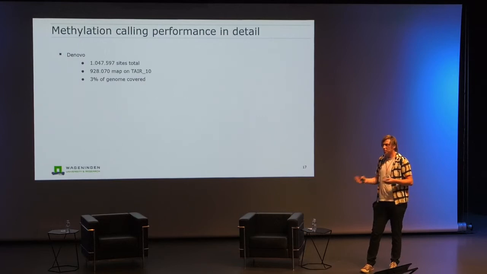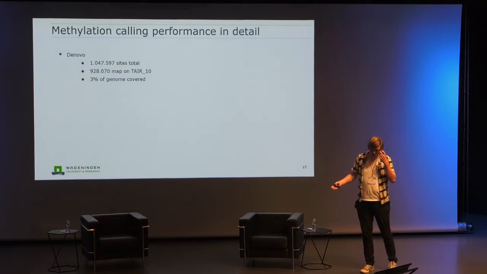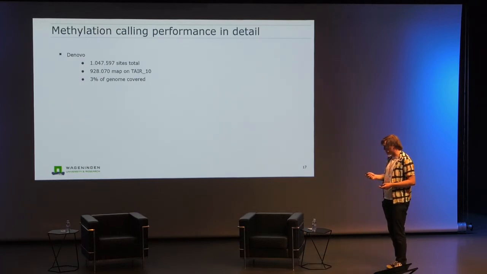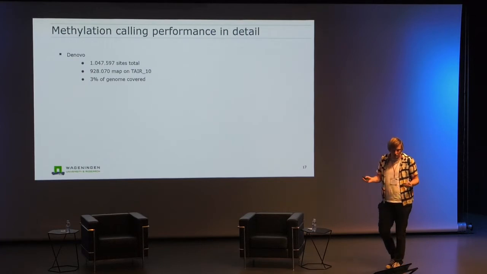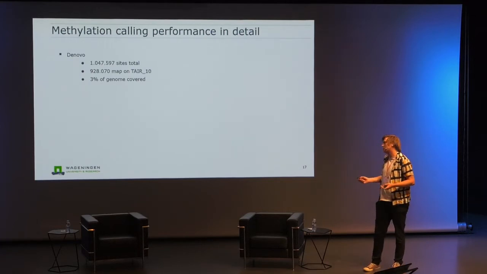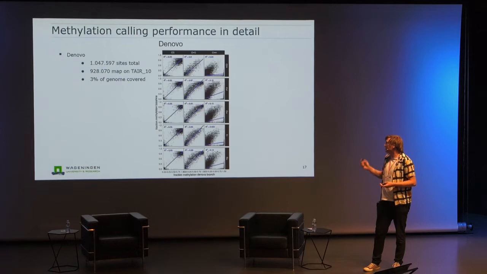There might be some sites that were multi-mapping, but these were also excluded. But if you had a reference, they might actually map on it. And this is about 3% of the genome that was covered. So in this way, the de novo performs quite well, I feel.